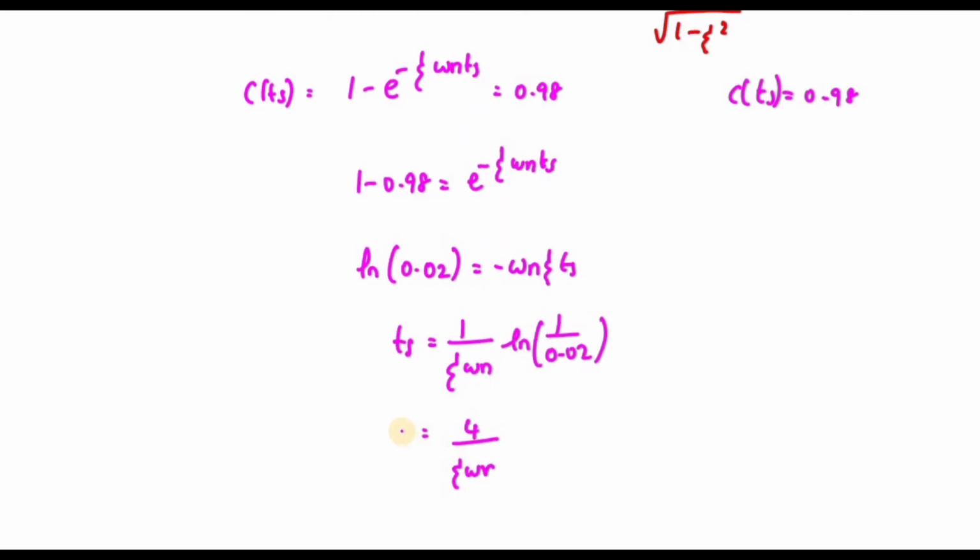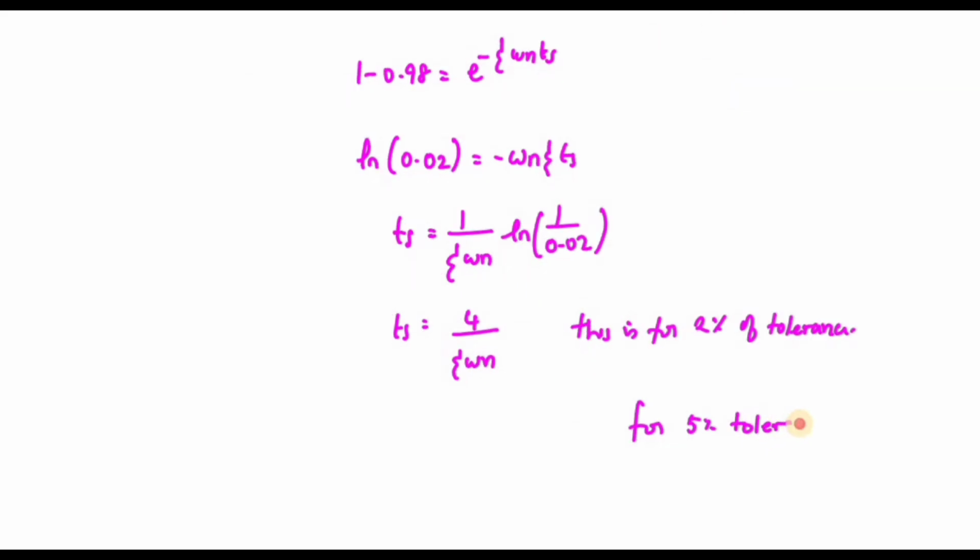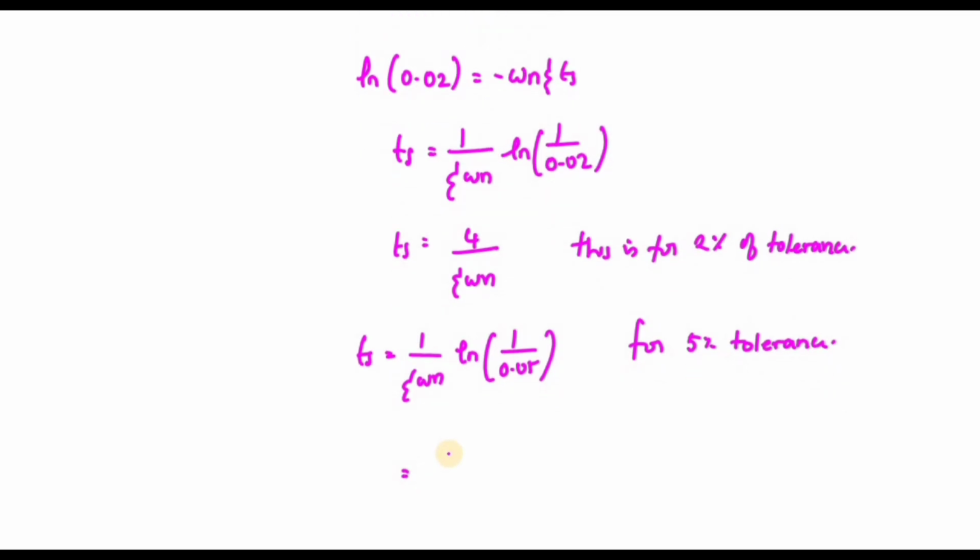So t s is equal to 4 divided by damping factor into omega n. This is for 2% tolerance. For 5% tolerance, t s is equal to 1 divided by damping factor into omega n, ln 1 divided by 0.05, that is equal to 3 divided by damping factor into omega n. That is usually measured in terms of seconds.